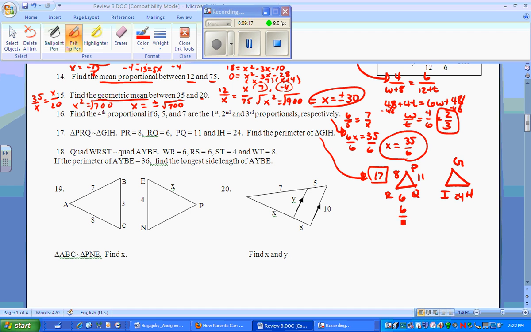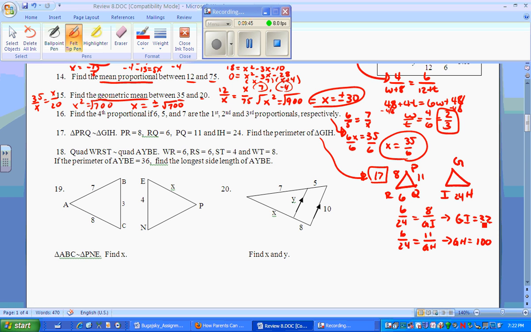So you can say 6 to 24 is equal to 8 over GI, and you can solve, and GI ends up equaling 32. You could do 6 to 24 is equal to 11 over GH. So GH is equal to 100.